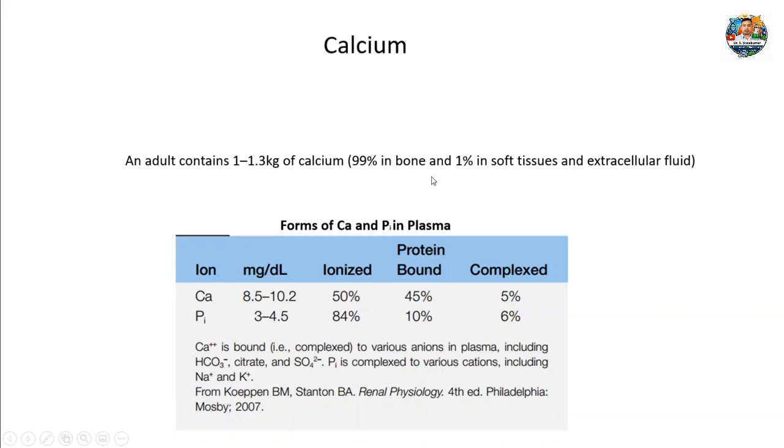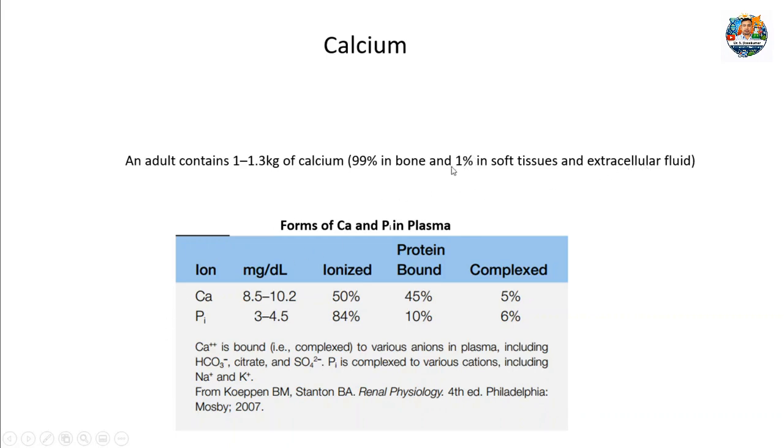But we will see later that this 1% of calcium is very important, and depending upon the concentration of calcium, in particular in extracellular fluid, the calcium in the bone will be metabolized in order to maintain the concentration in the extracellular fluid.